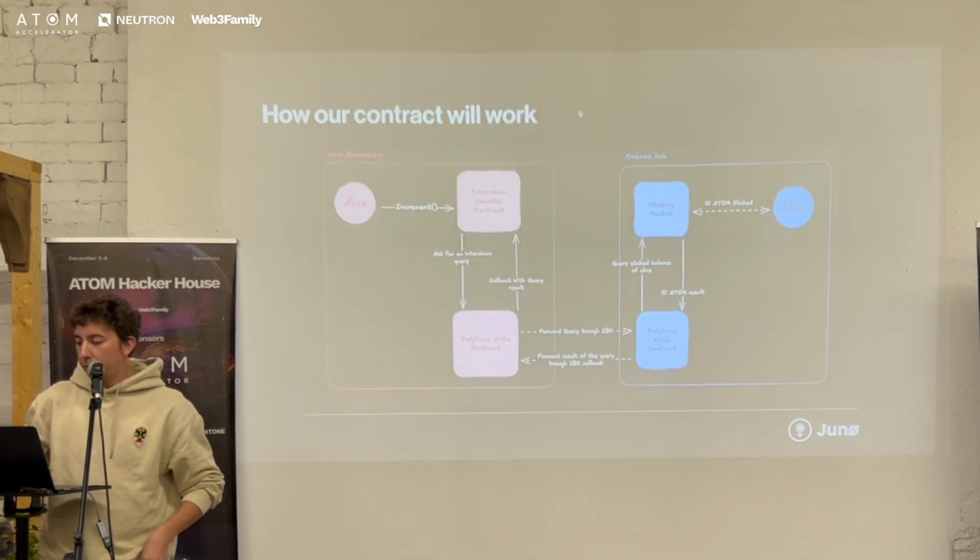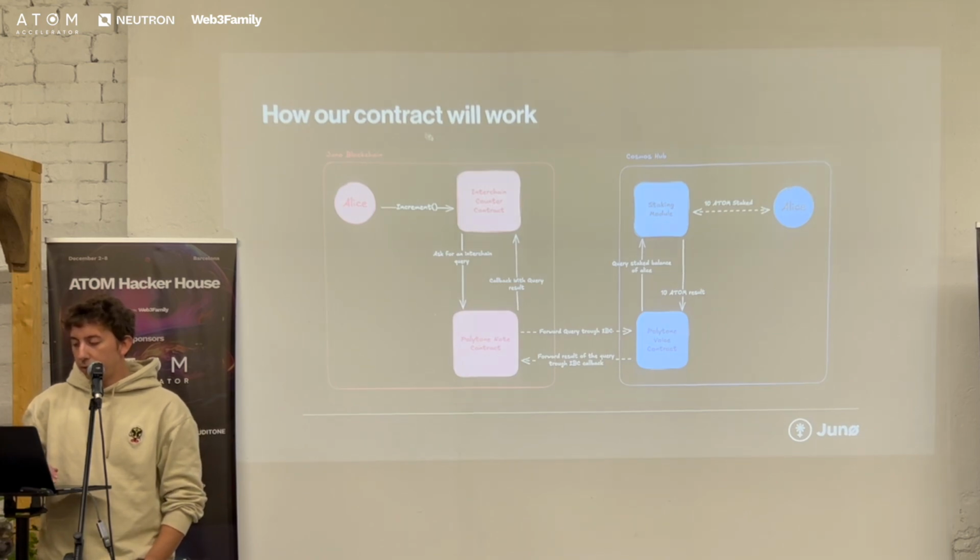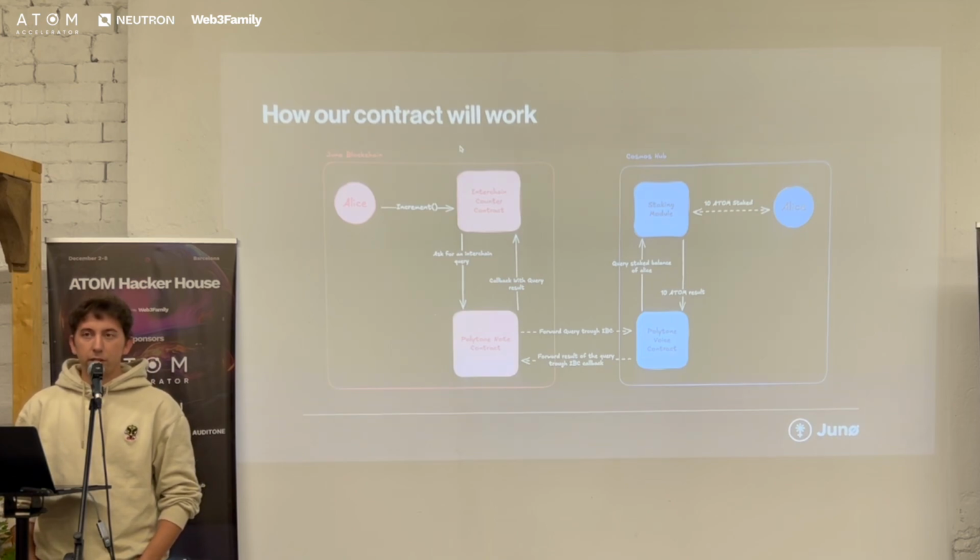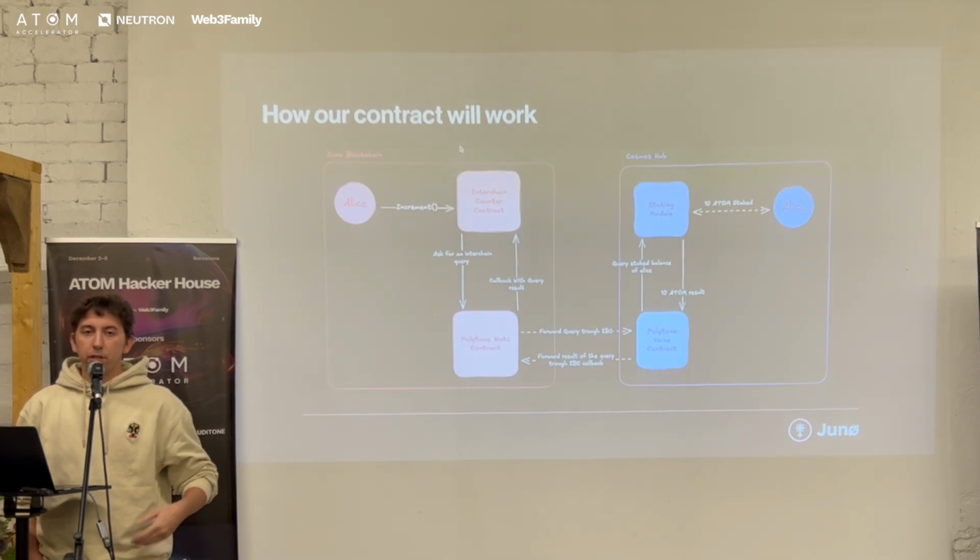This is an example of how our smart contract will work. In this case, we are going to create an interchain counter smart contract, which has an internal counter, but this counter can only be increased if the account who's calling the increment function has some ATOM staked on a remote chain.